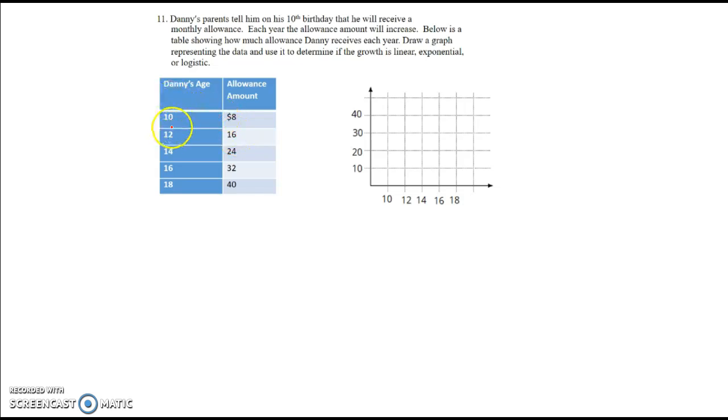All right, so when Danny is 10, he gets $8. That's probably about right here. When he's 12, he gets $16. When he's 14, he gets $24. When he's 16, he gets $32. And when he's 18, he gets $40.